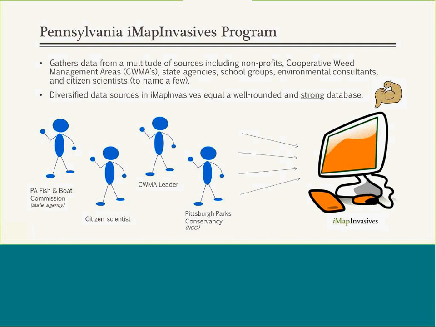When you put all that together into one place, we look at that as a well-rounded and strong database because it's not coming all from a state agency or all from a school group. It's coming from all these different places. So we really think that having that professional and citizen scientist perspective is one of the reasons why iMap is such a good and strong database.